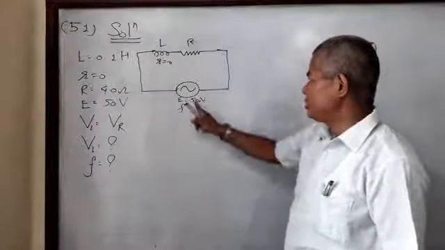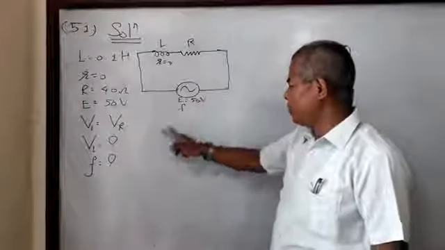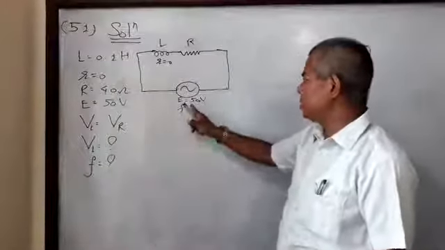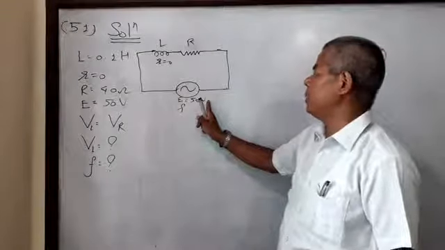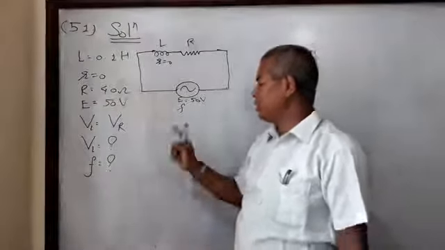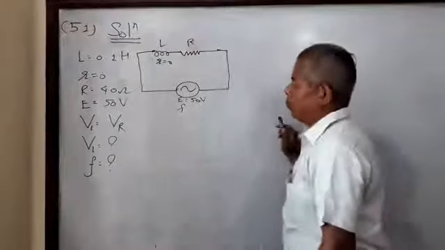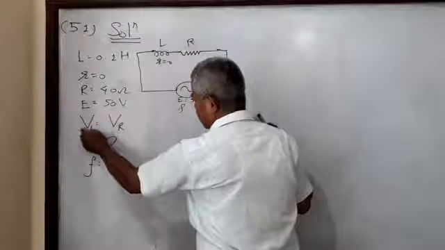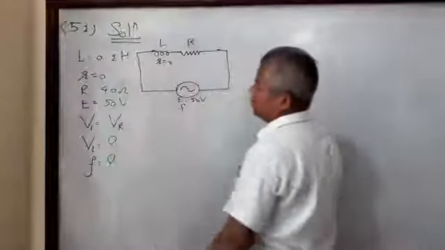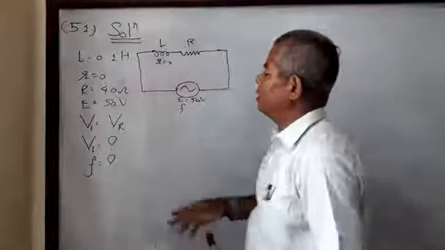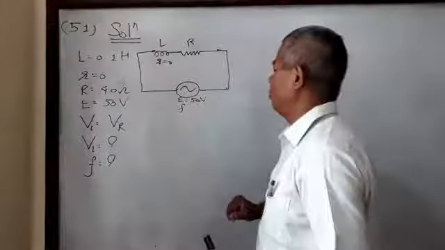We have to find the frequency, and this is connected across 50 volt, E RMS. The condition is that the voltage across the inductor is equal to the voltage across the resistor. Then we have to determine VL and the frequency.